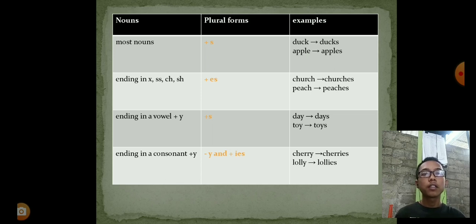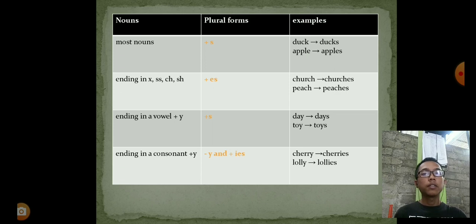Ending in x, double s, ch, or sh plus es, like church becomes churches, peach becomes peaches. Ending in a vowel plus y, then in plural form plus s. Examples: day, days, toy, toys.